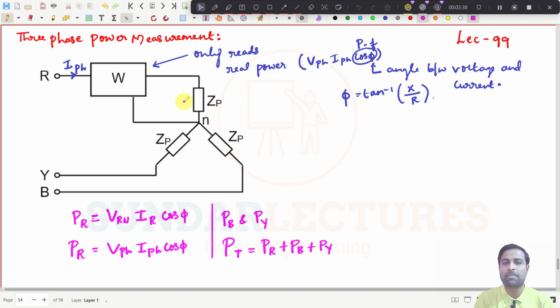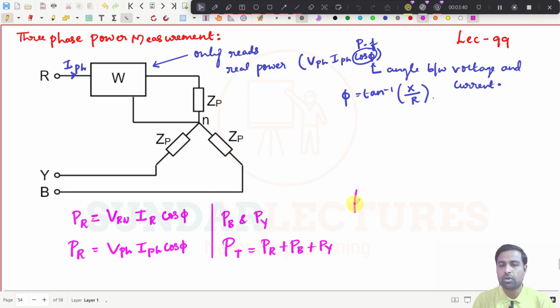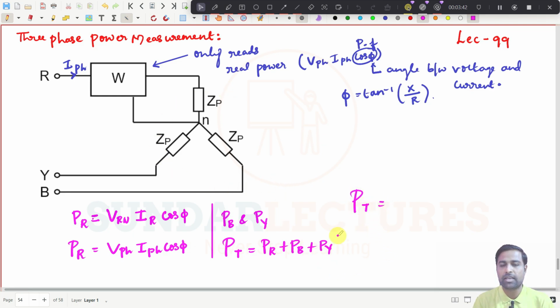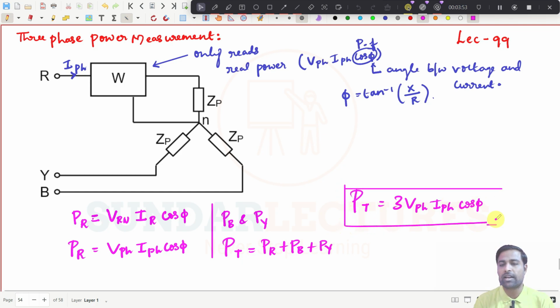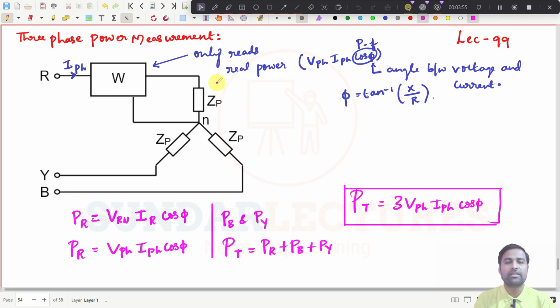Why? Because this is a balanced circuit. So you will get PT equal to 3 times V phase, I phase, cos phi. So this is the total power that was drawn by this three-phase load. This is the whole idea, right?